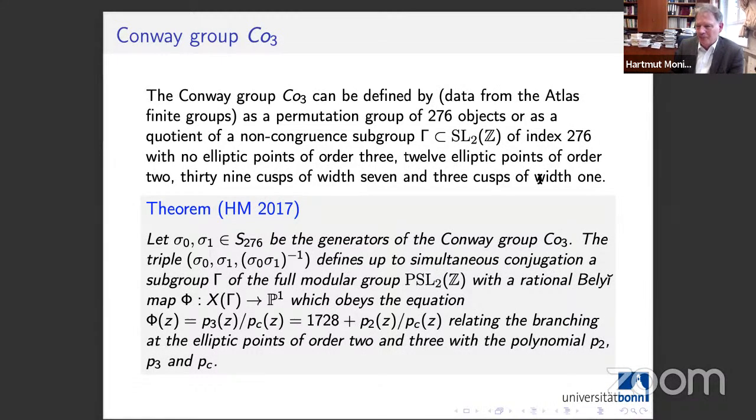Once you do the explicit calculation, you can get the data from the archive, where I have put the data for P3, PC, and P2. You can check that these polynomials define a Belyi map, and this Belyi map corresponds to Conway 3.